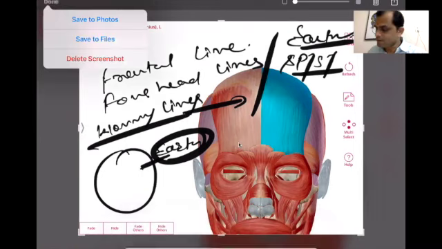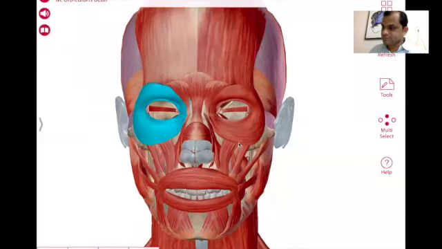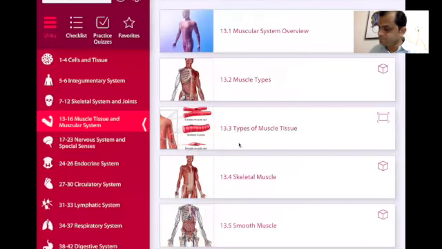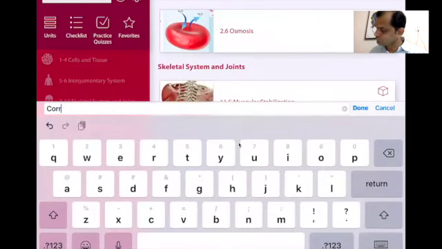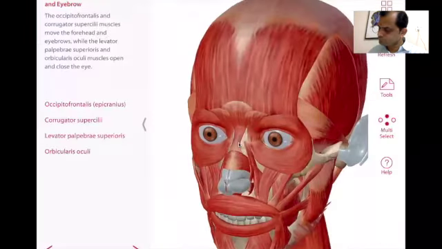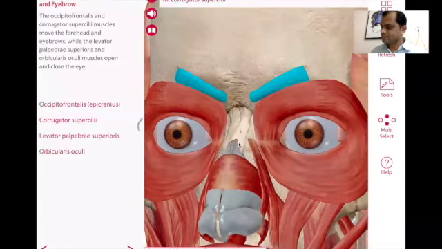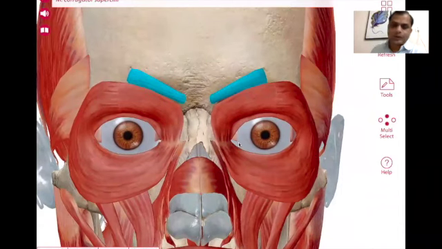Like, we have just seen this muscle. The name of this muscle is corrugator.